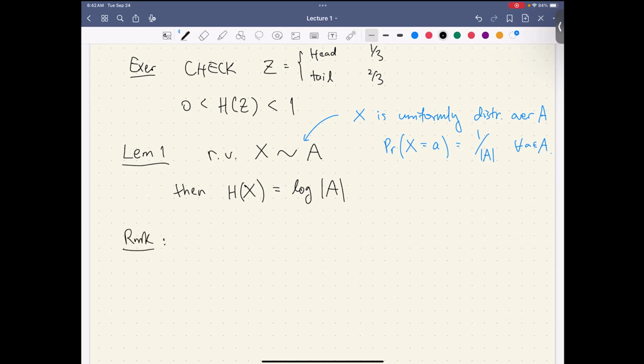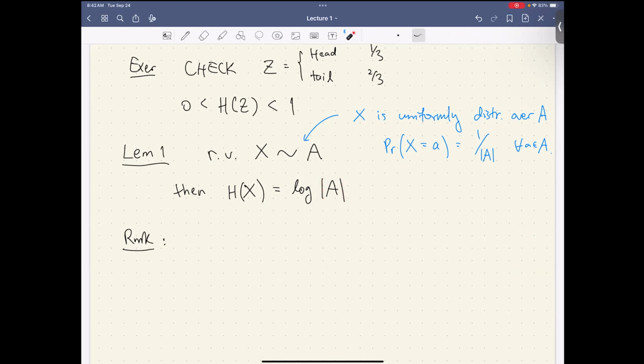The first lemma already indicates why the entropy is useful, because in many discrete problems in combinatorics, we have a discrete set of objects, it could be A, and we want to give an upper and lower bound on its cardinality.